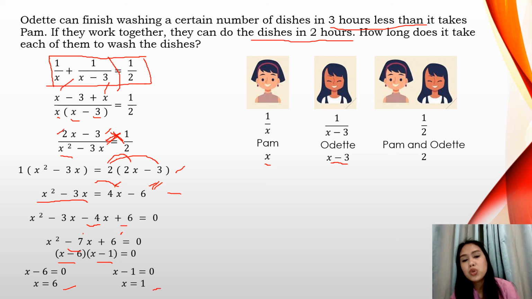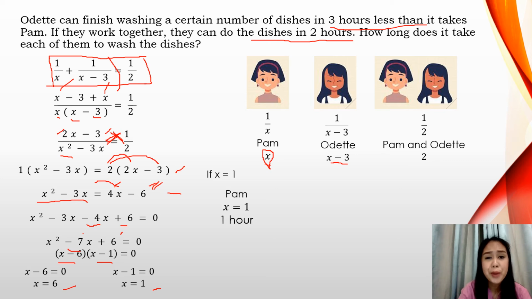So how are we going to use these values of x? Since we know that Pam can finish cleaning the dishes in x number of hours, we are going to use the values of x here. Now let's try to substitute x is equal to 1. So if x is equal to 1, therefore, Pam can finish cleaning the dishes in 1 hour. It's simple as that.